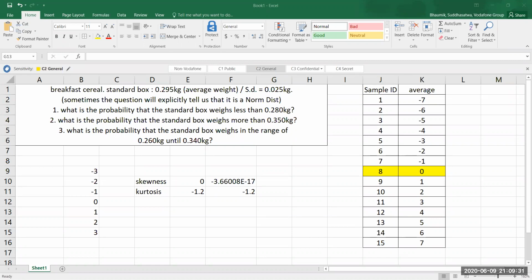Then you have a test which is the Kolmogorov-Smirnov test, otherwise known as the KS test. It is also an advanced statistical test. It also tells you the probability of a distribution being a normal distribution. And the last one is the Shapiro-Wilk test, also known as the SW test.